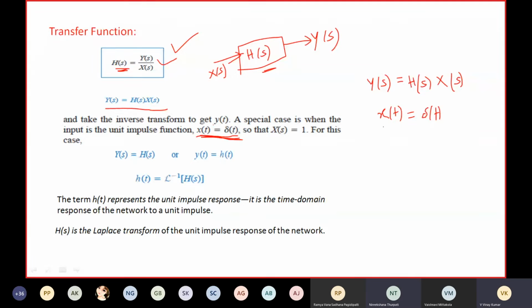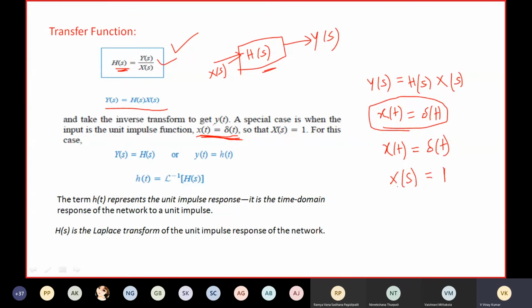X of t is the impulse input, del of t. Then what will be x of s? The Laplace transform of the unit impulse function is 1.